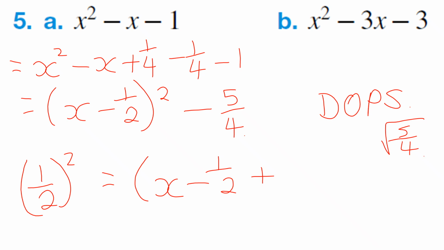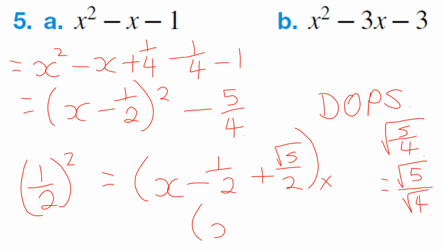And if we remember our surds, that's the same as the square root of 5 on the square root of 4, which means that we could say it's just root 5 on 2. And then we would have for our second part of it, x minus a half minus square root of 5 on 2.